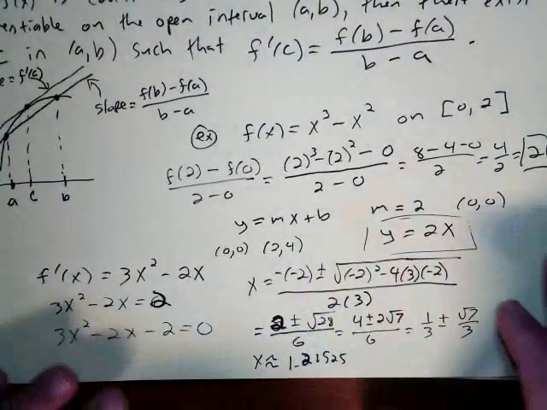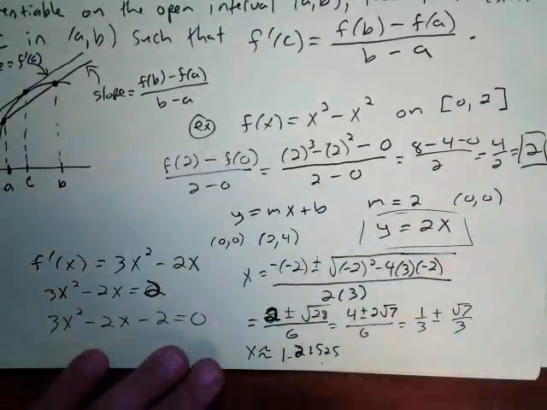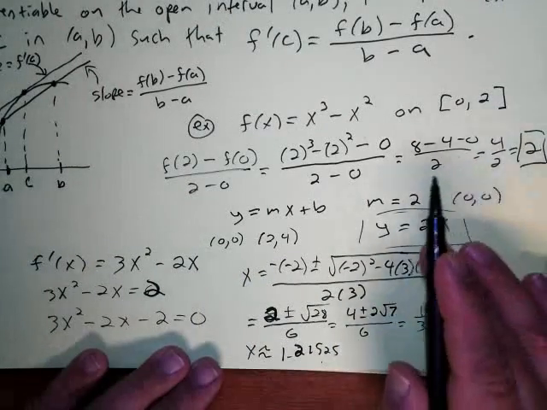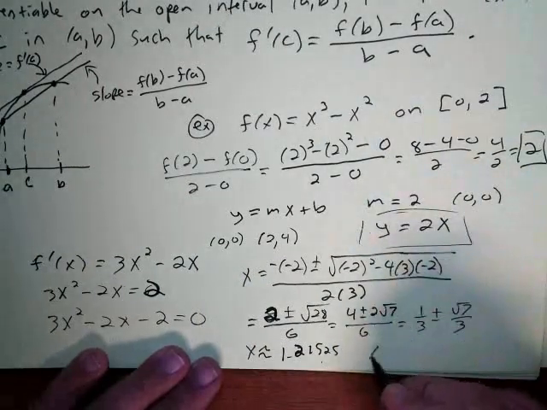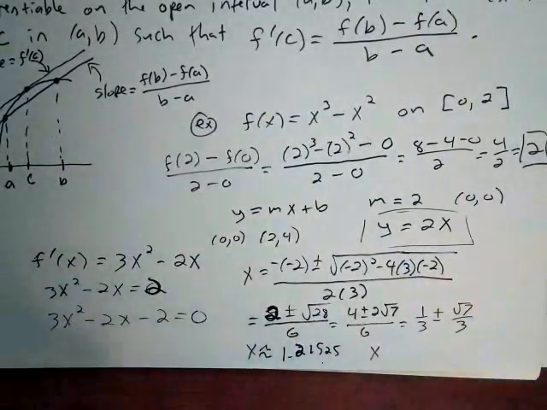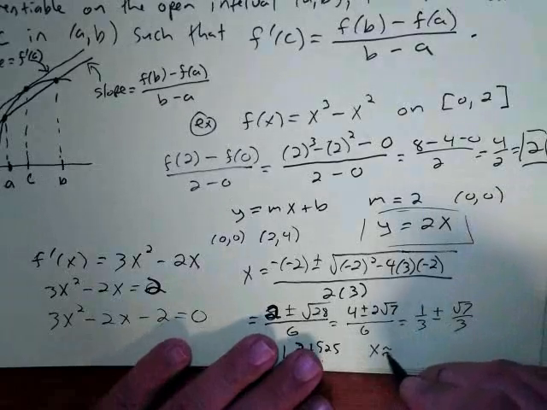And this one actually does lie in the interval, so I think this is the point where the slope of the tangent line is equal to the slope of the secant line.